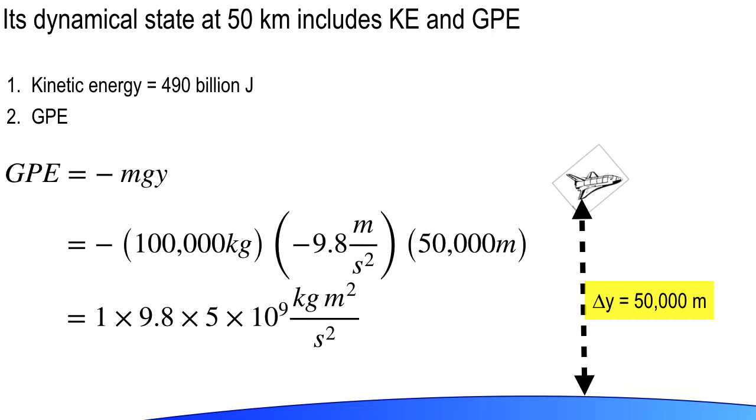And then 10 to the 5 and 10 to the 4 multiplied together is 10 to the 9. Now, I didn't do anything with the 9.8, but I did cancel the minus signs. So I've got a positive number, 1 times 9.8 times 5 times 10 to the 9. All right. So anybody verify me on this? 49 times 10 to the 9, or 4.9 times 10 to the 10.